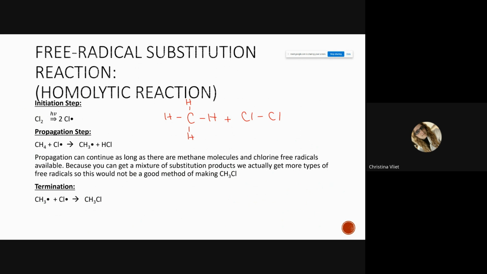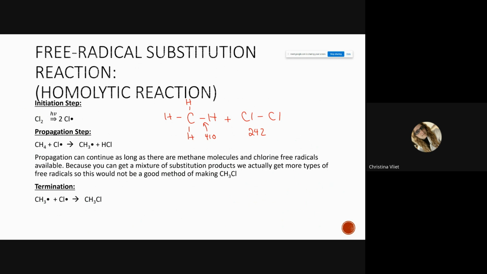Why? Go back to your bond energies. You don't need to memorize them, but it explains why. The weakest breaks. What is the bond energy of chlorine? I believe it was 242. The C-H bond is 410. So the weak breaks first, and the halogen always breaks first.